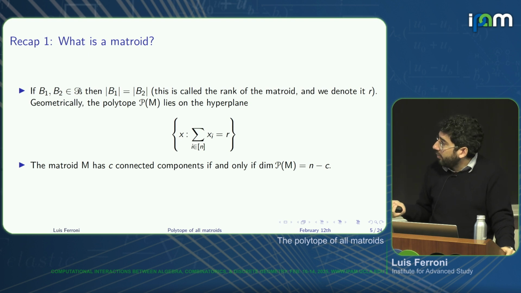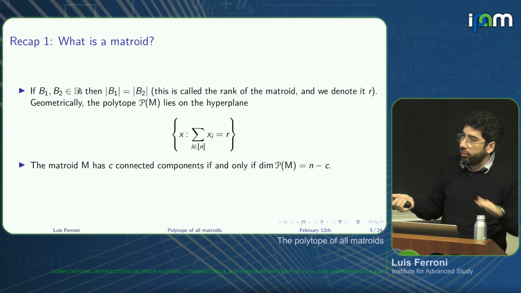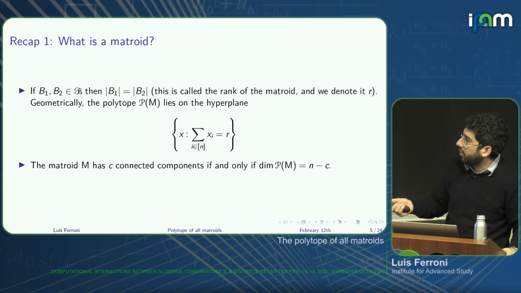A matroid is said to have c connected components if the dimension of this polytope is the size of the ground set minus c. So connected means that you have only one connected component, so the dimension is exactly n minus 1. The only smaller space that contains your matroid is precisely this hyperplane.